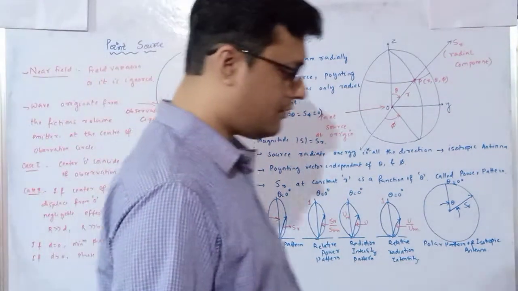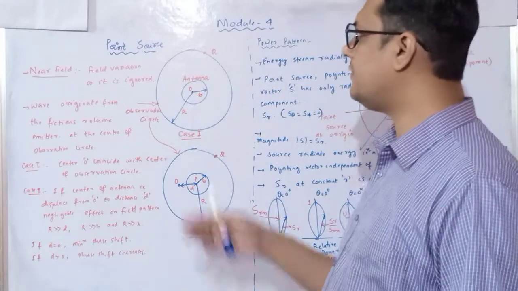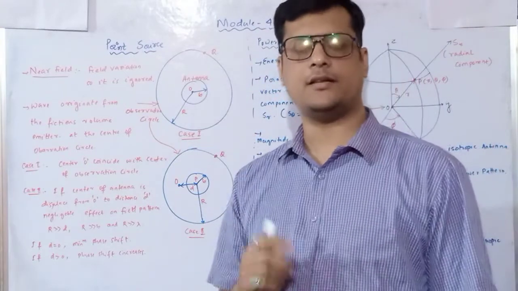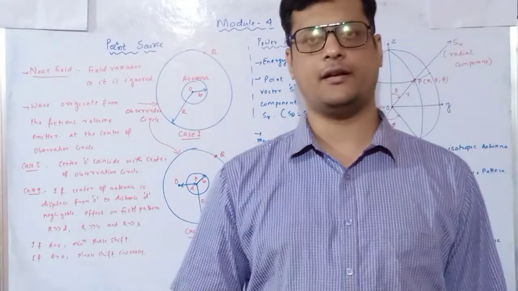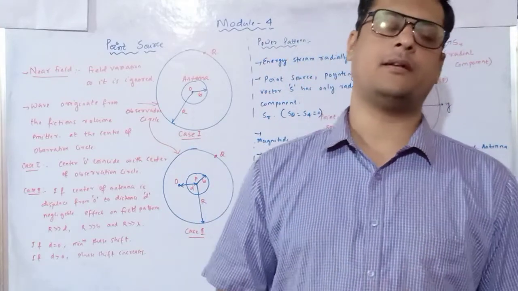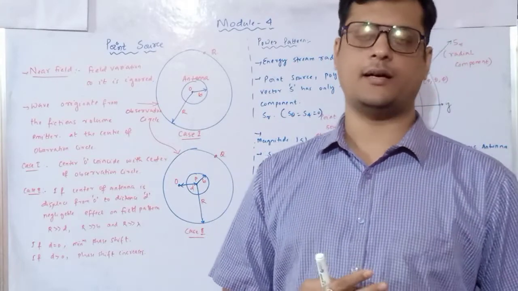So this is our point source. If the point source is a radiating element, then what features are going to be identified, how the field patterns are going to be identified, and how the power pattern is also going to be identified.